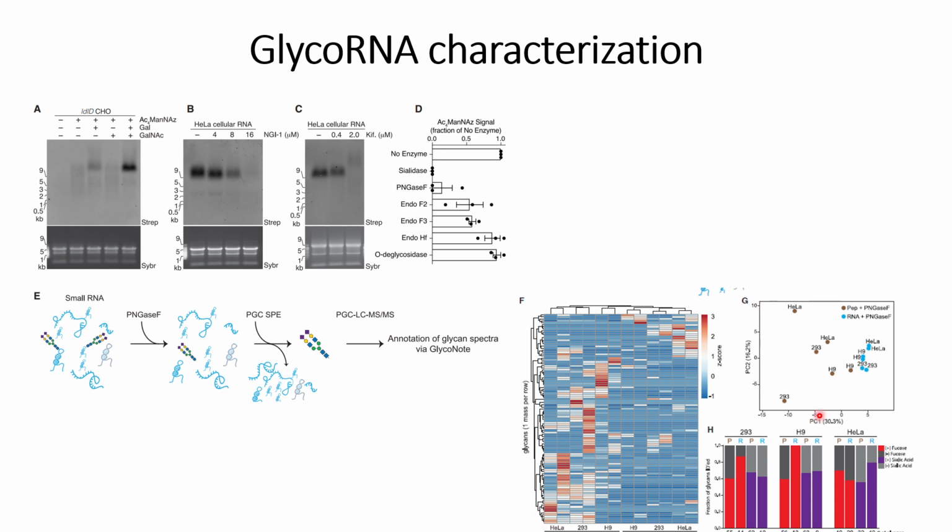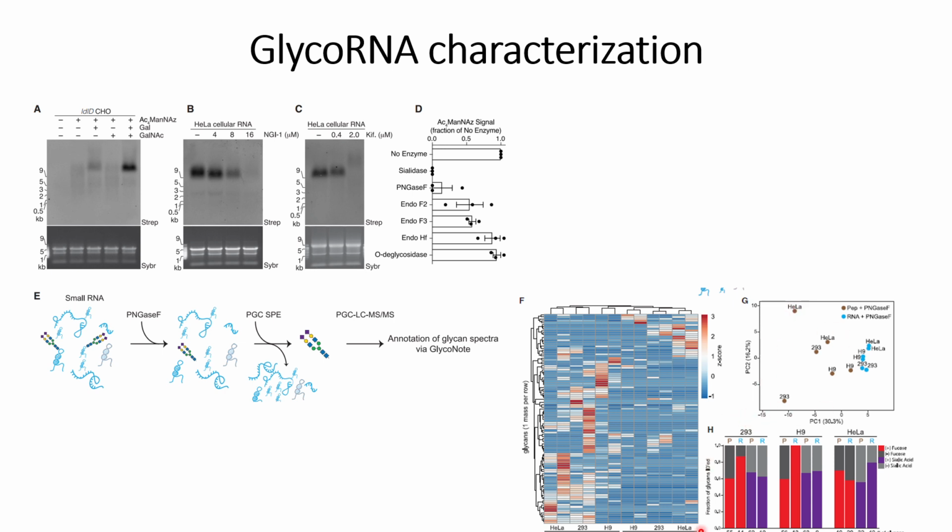The same thing has been substantiated by the PCA plot. There we can see that glycans from the RNA are close to each other and there is less variability, whereas glycans from the peptides have large variability.